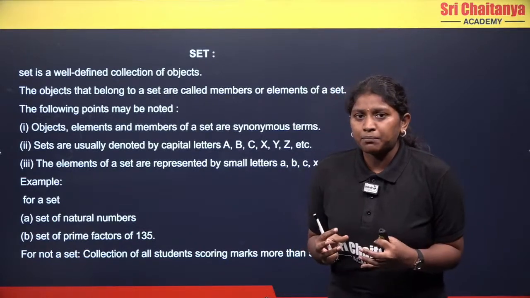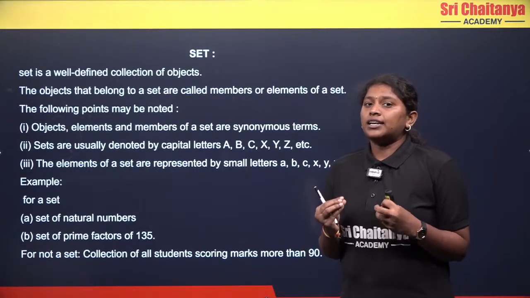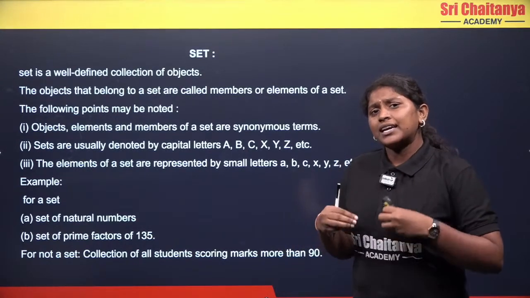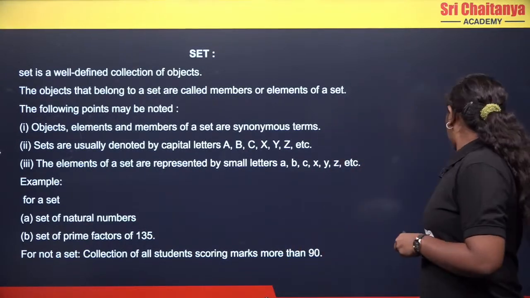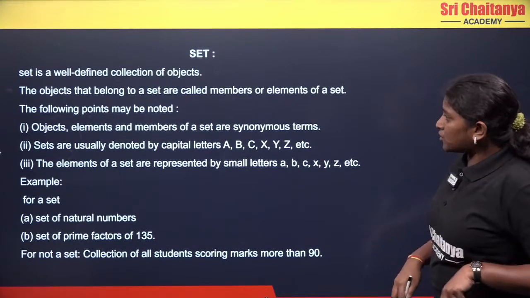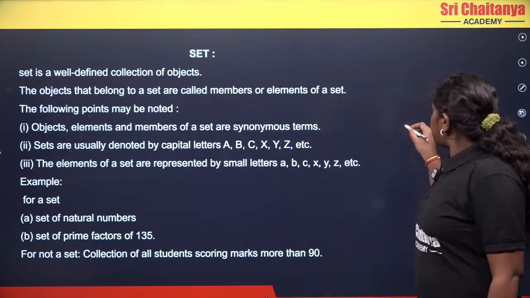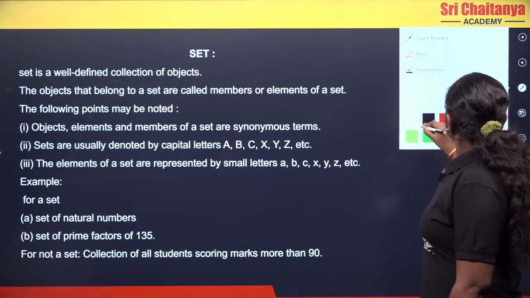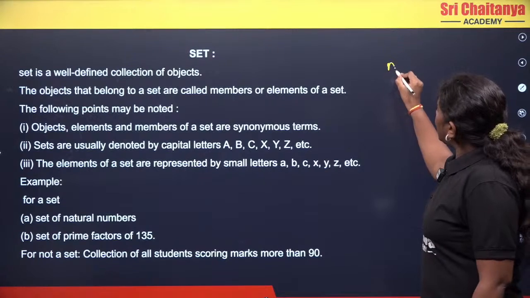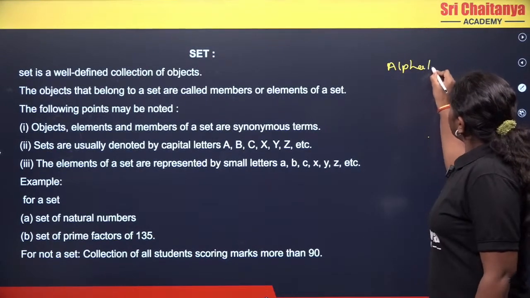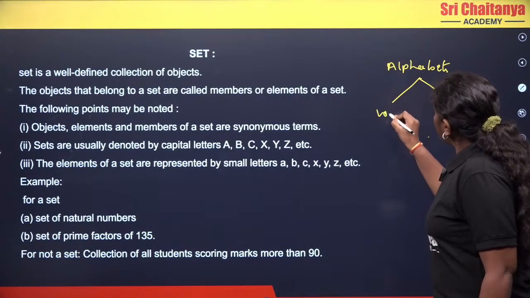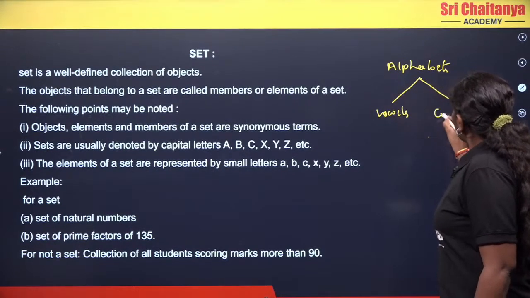If we take an example, we have the alphabets. Those alphabets are divided into consonants and vowels, right? So if we take the alphabets, we have two types: vowels and consonants.